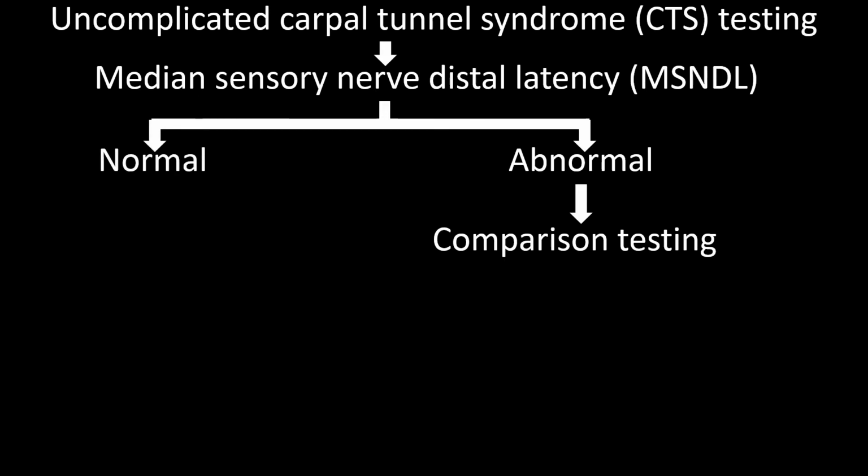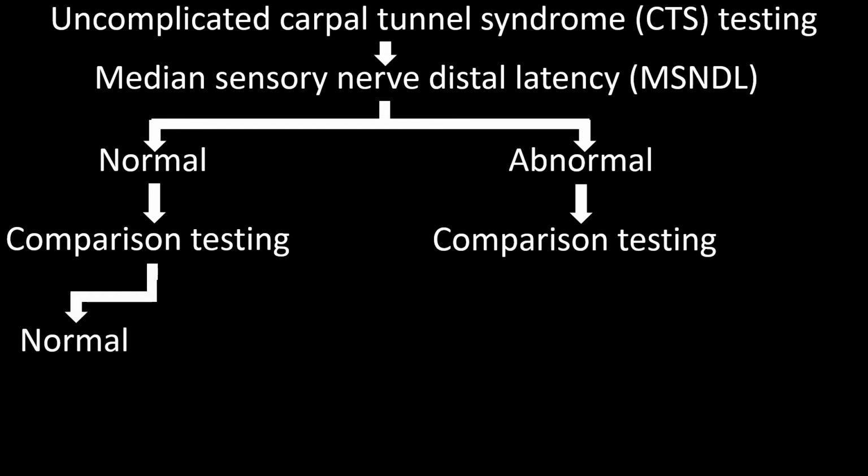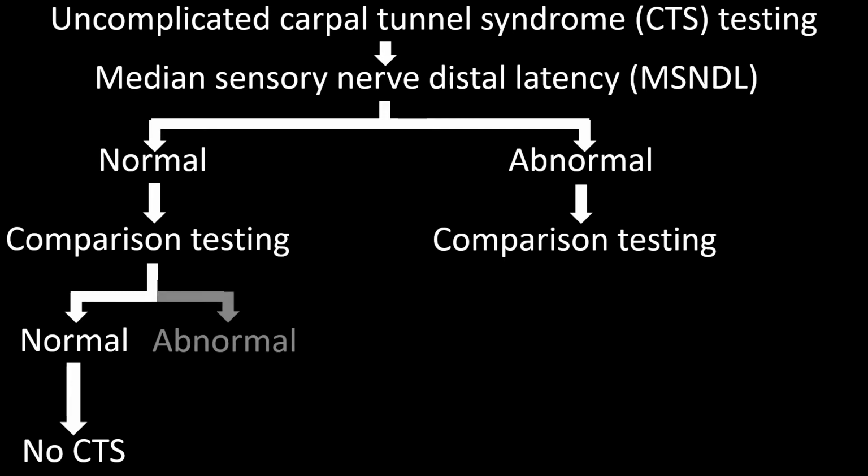If the test is normal, we would also need to perform comparison testing. If the comparison testing is normal, then we should conclude that there is no electrical evidence of carpal tunnel syndrome. If the test is abnormal, then in all likelihood we are faced with a very mild electrodiagnostic carpal tunnel syndrome.